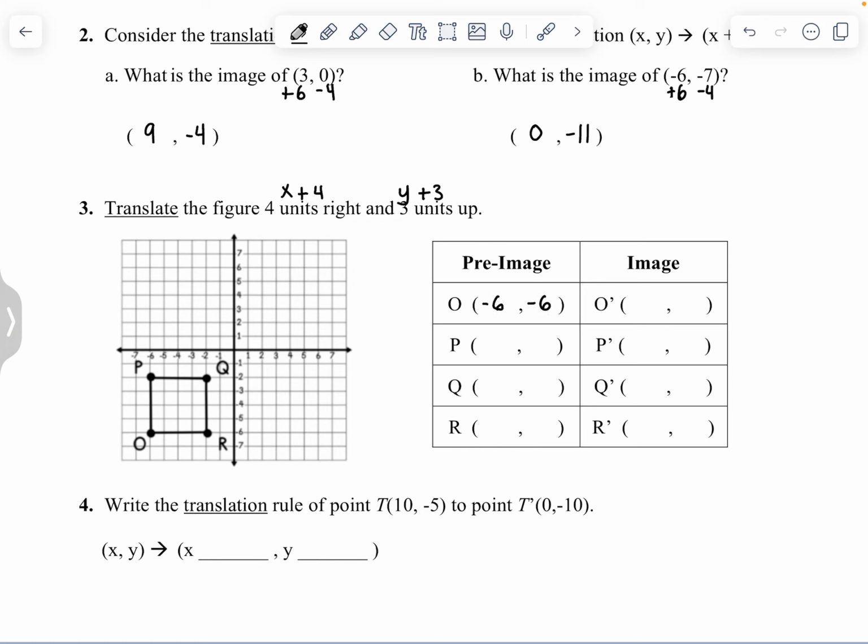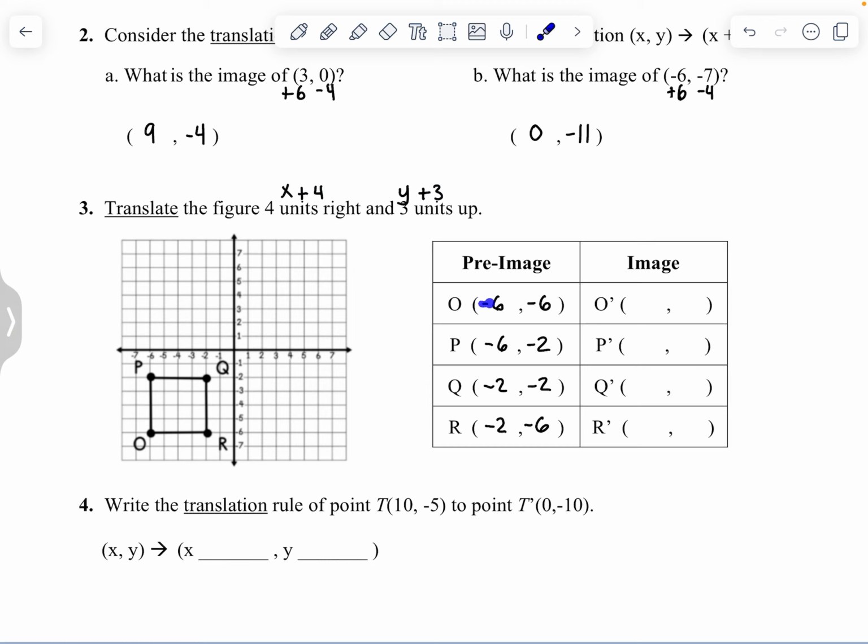P is at (-6, -2). Q is at (-2, -2). And R is at (-2, -6). And we need to go plus 4, plus 3.